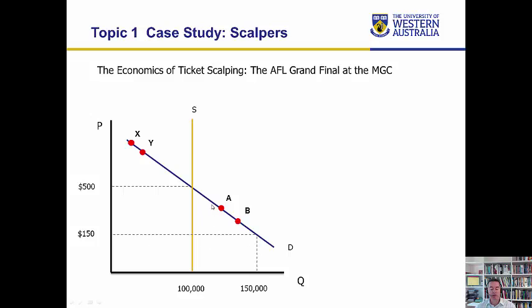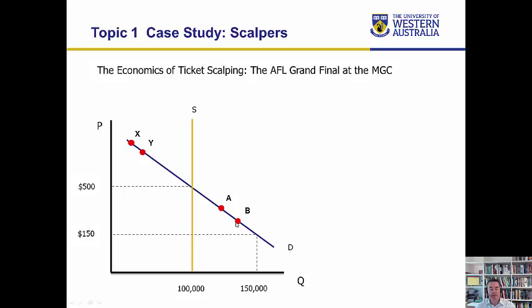What scalpers then do is buy up some of the tickets and presumably displace some people on the middle and lower parts of the demand curve, and probably on the upper parts as well. They get in line before some of these people, and the scalpers do redistribute the tickets to the people high up on the demand curve.